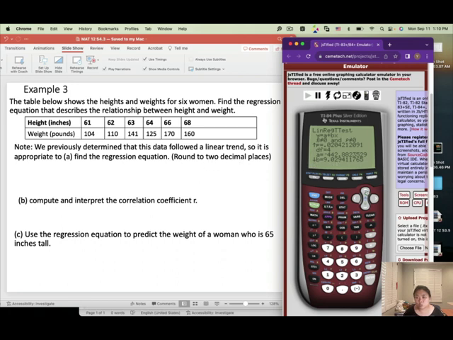Round to 2 decimal places. So your equation will be y equals a plus bx, right? So y equals negative 442.88 plus 9.03x. That will be your regression equation. Now part B, compute and interpret the correlation coefficient r.